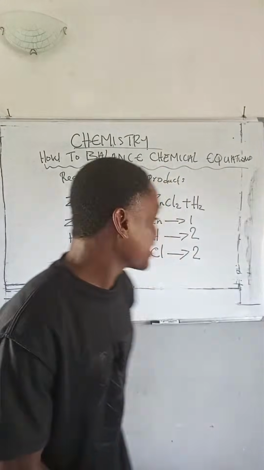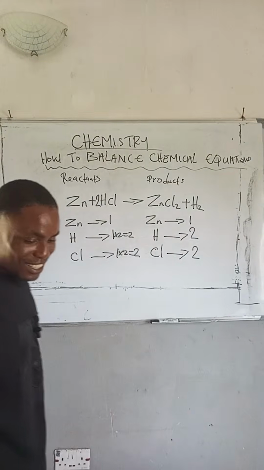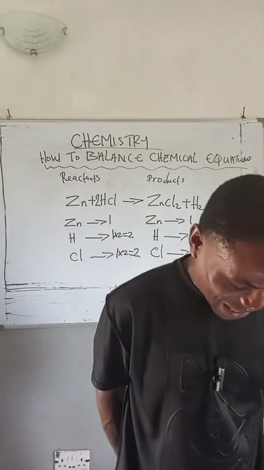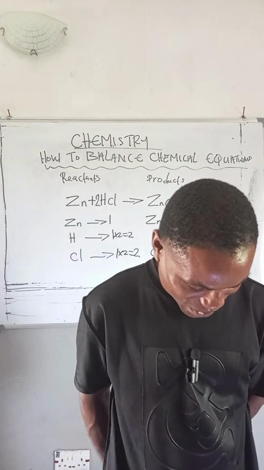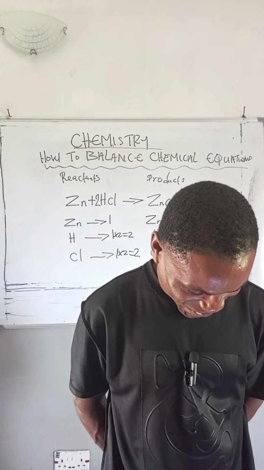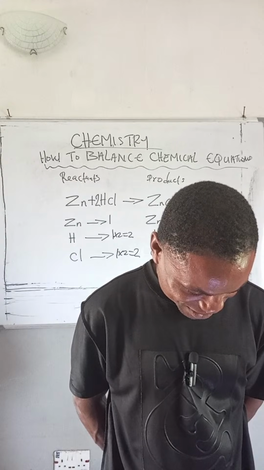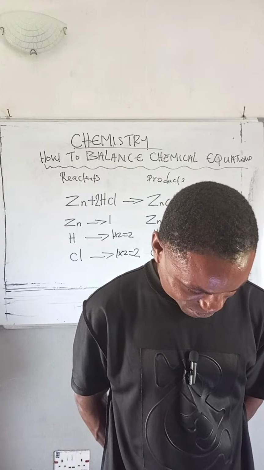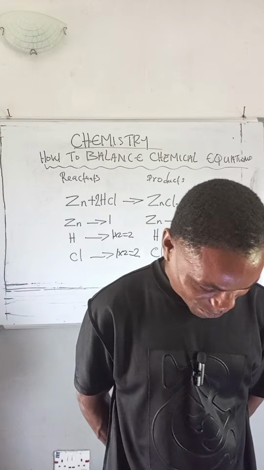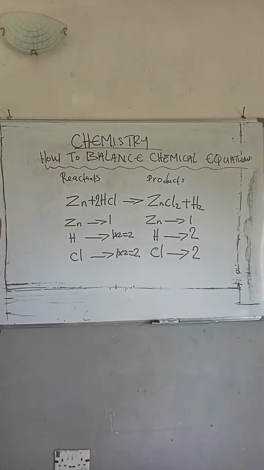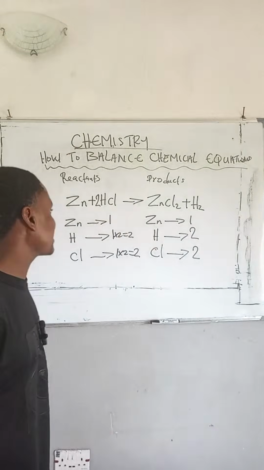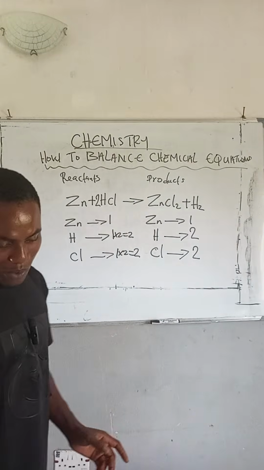You see, the zinc is not balanced yet. Okay, so this second person said no. Why would the zinc not be balanced now? How are we still balancing the zinc? But okay.